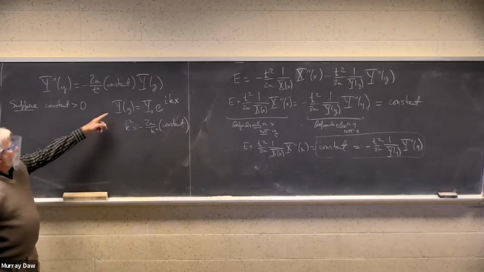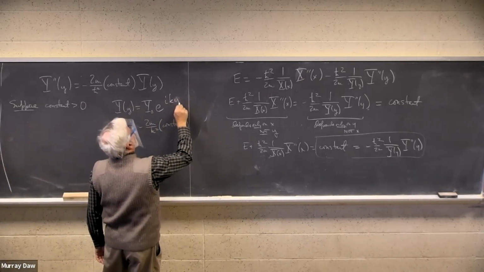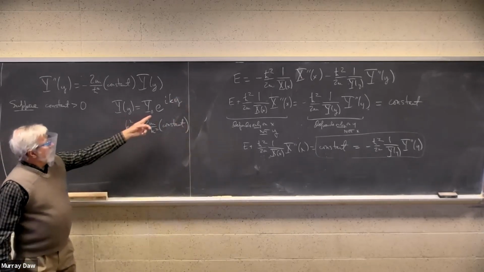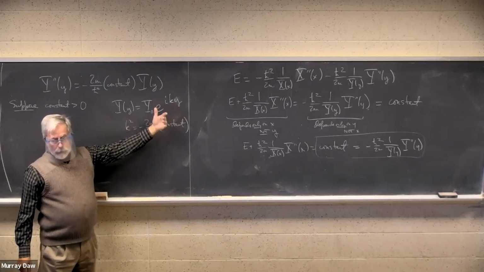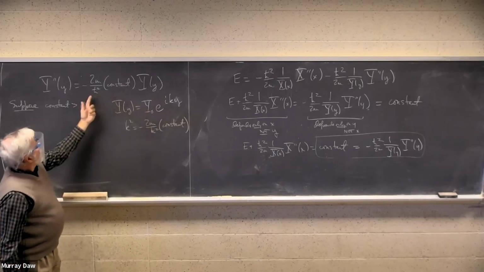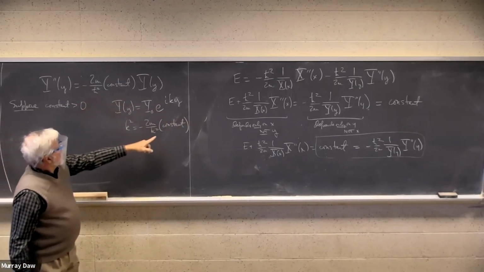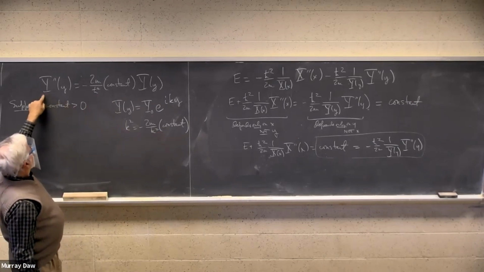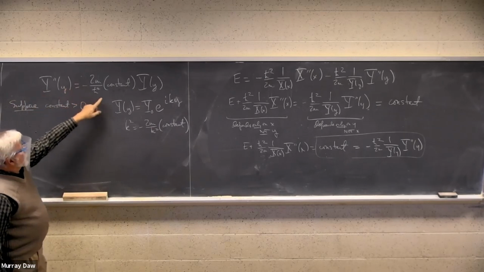If we take the second derivative of this, oh, it should be y here. Taking two derivatives gets you i k squared, in other words, a negative k squared. So we get 2m. Yeah, we get a negative k squared here, and that equals 2m over h bar squared times the constant.